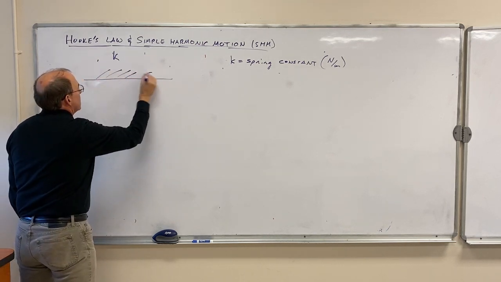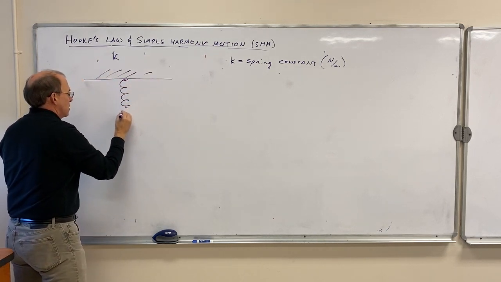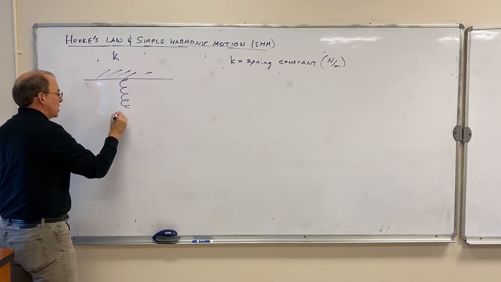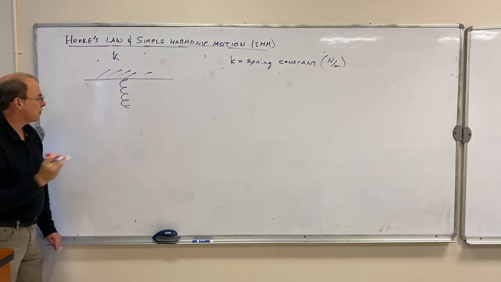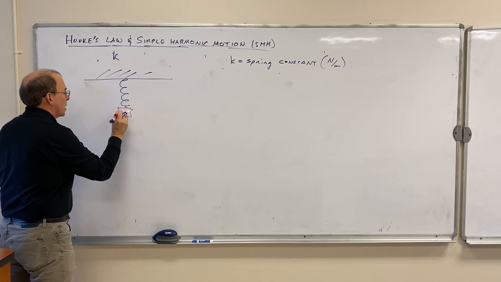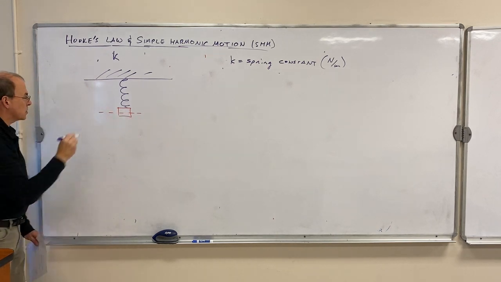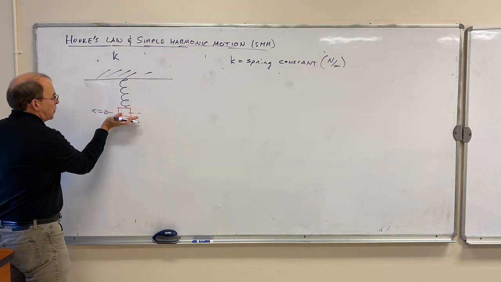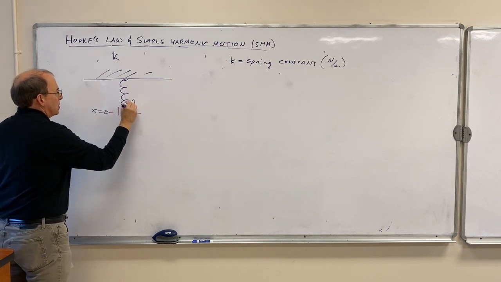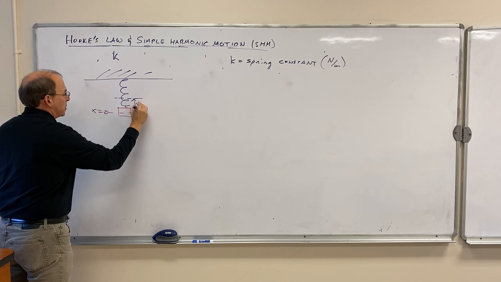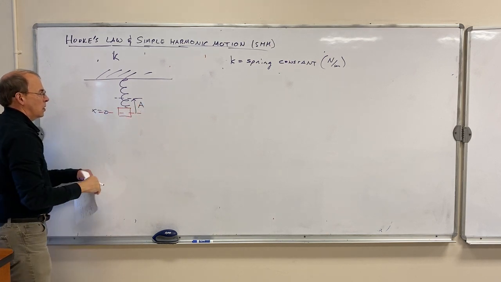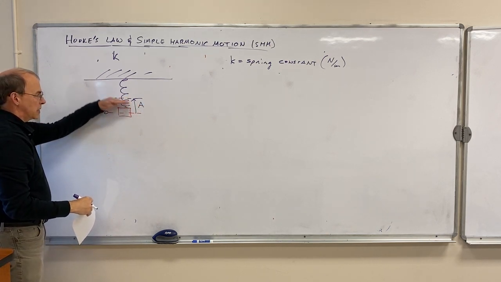Suppose I hang the mass from the ceiling now, and this is x equals 0, and I push the mass up through some amplitude A and let it go. It's now going to oscillate up and down like this.